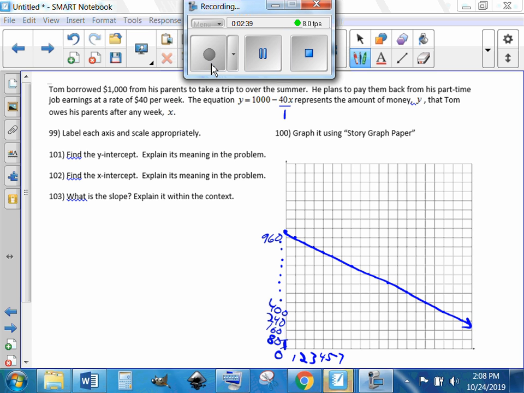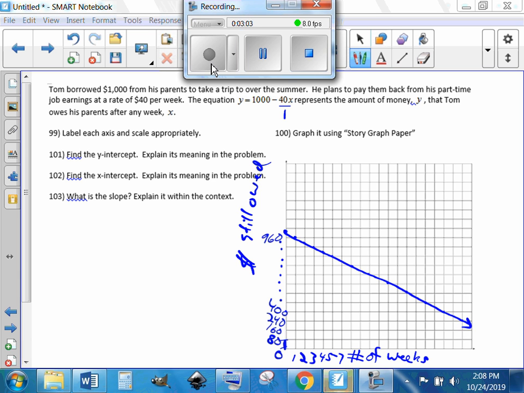Okay, now to label the axis, the x-axis is going to be number of weeks. And the y-axis is the money owed, or the money we still owe. Money still owed. Okay, so then 101 is find the y-intercept.